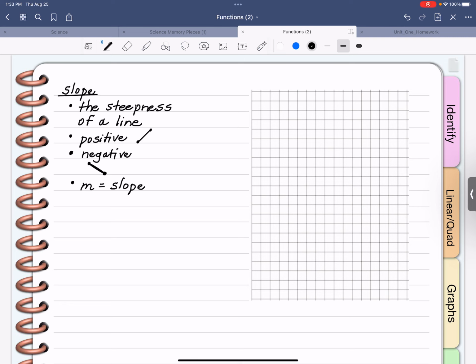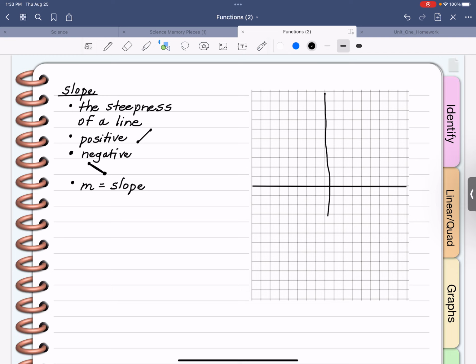And slope is found with a formula, and I'll go ahead and give it to you. Actually, I won't. Let's work on just the concept, and then we'll talk about the formula in the next section. So on a graph, I'm going to draw a coordinate plane, and we will talk about this a little bit more in the functions course.